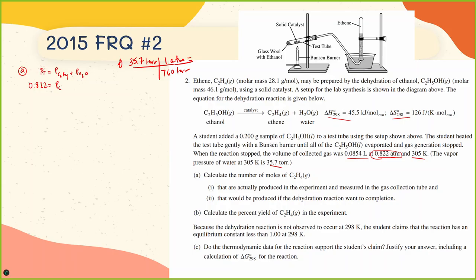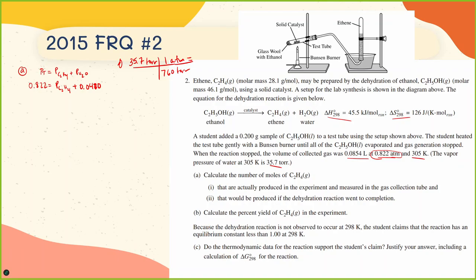So we're going to get our P of our ethene, and this is 0.0470, technically. So 0.822 minus 0.0470.